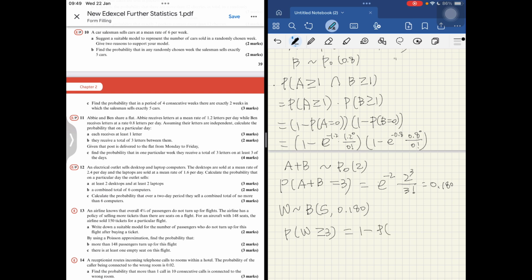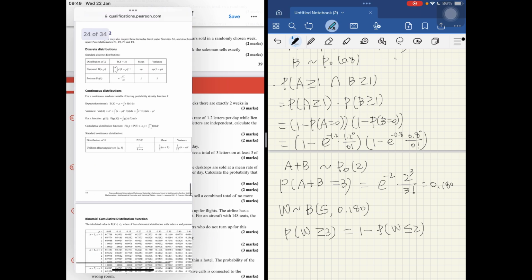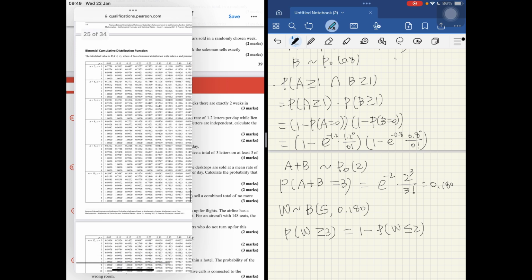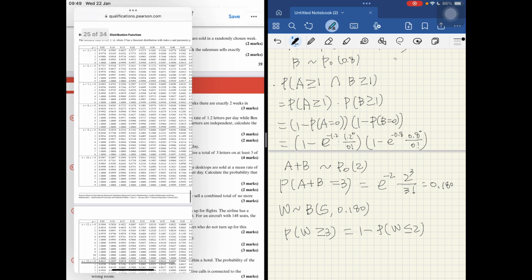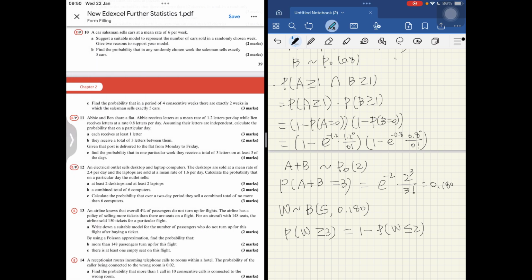So now the probability W is at least 3 of the days, which means 1 minus the probability W is smaller than or equal to 2. Can we find it in the table? Cumulative binomial probability 0.180, yeah, this is difficult. So I need to calculate it from the calculator.